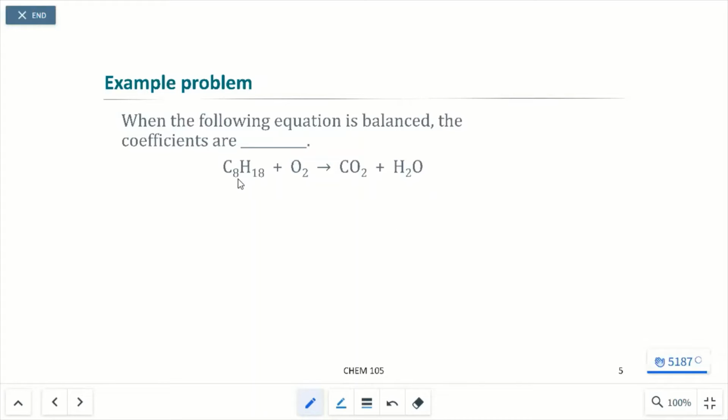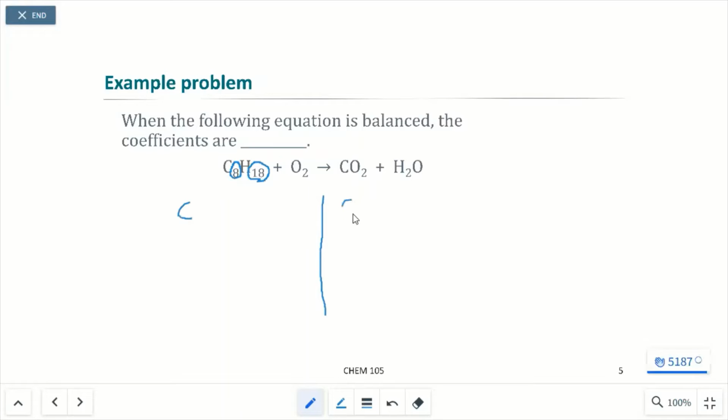We can also utilize our idea of the subscripts. If I look at my carbon compound, I can see that it's got multiple subscripts, an 8 and an 18. I can use that to try to influence my balancing on the other side. So let's set up our atom economy real quick.